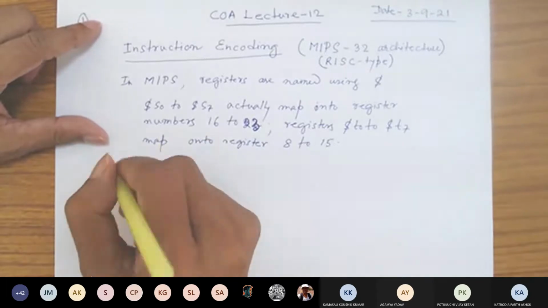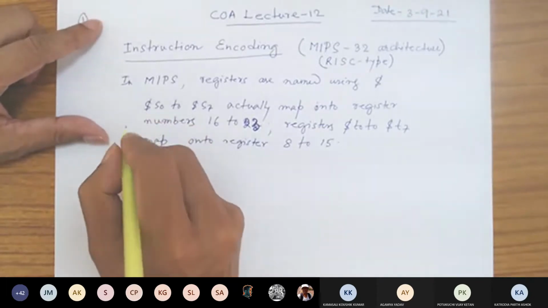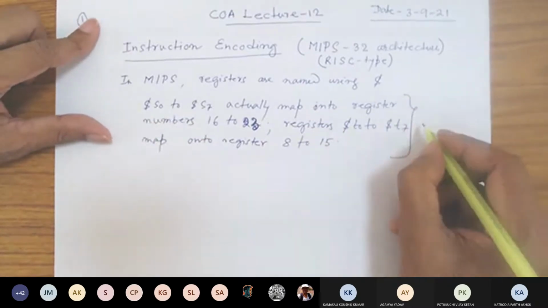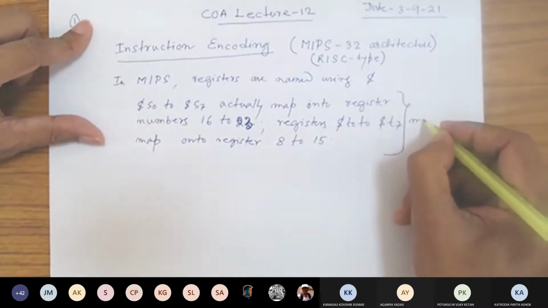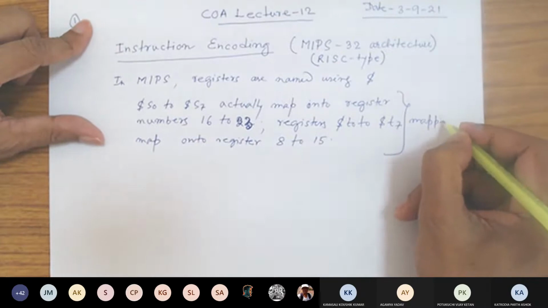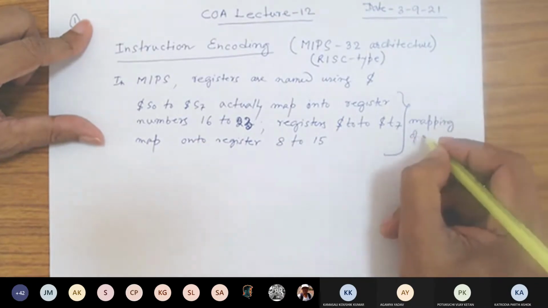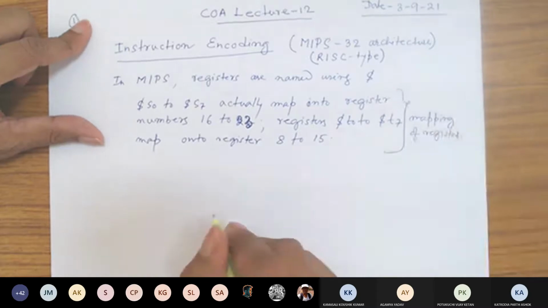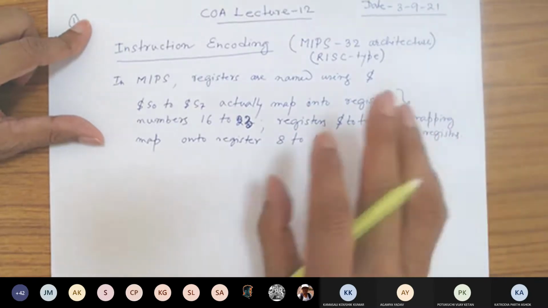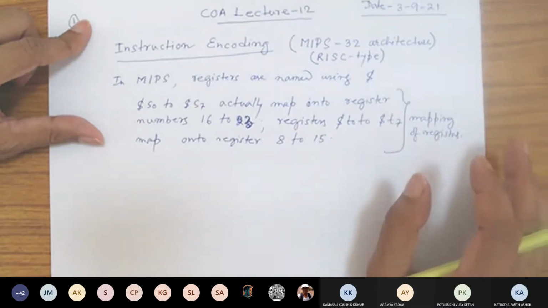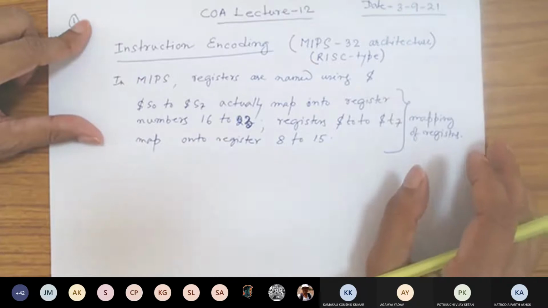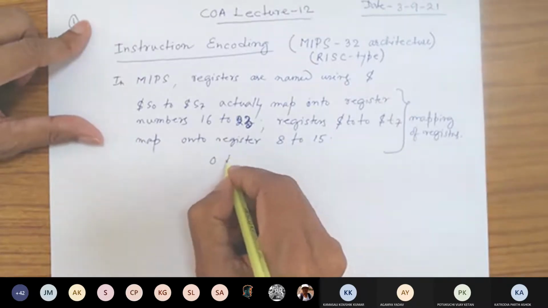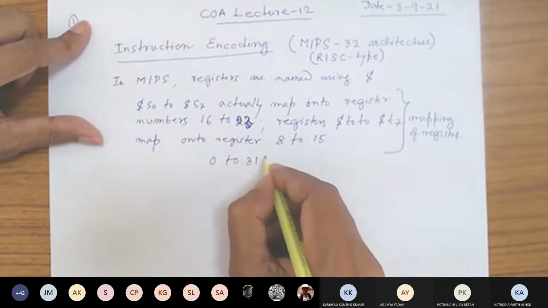Now assume that we somehow mapped these registers. So this is a mapping of registers. The mapping is obviously from 0 to 31.